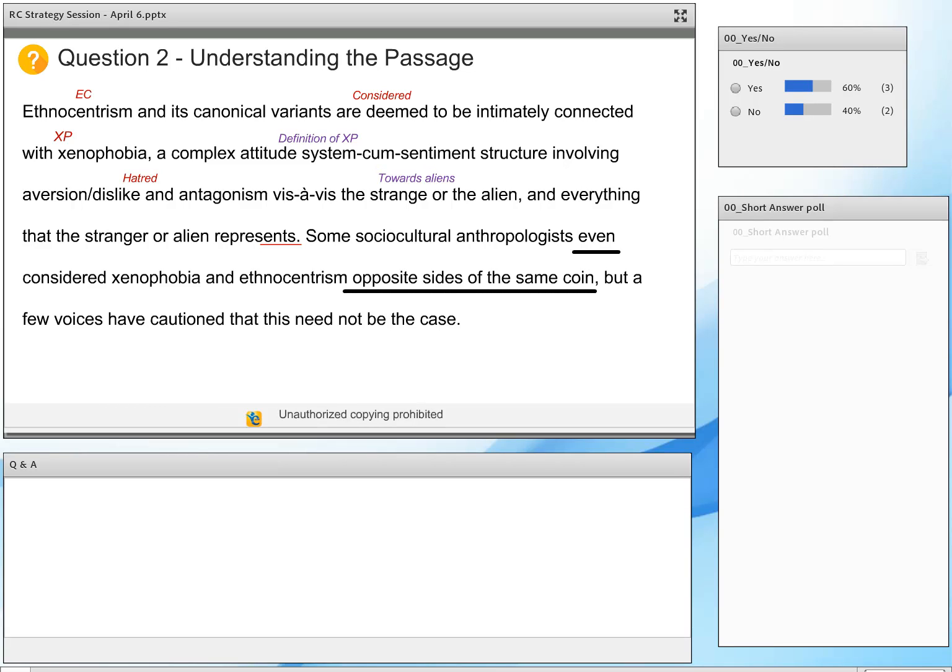And think about what the author has said earlier, that there are some people who think that EC and XP are closely connected. Now tell me, why has the author used the word even? I've given you quite a few hints here, right? But I want you to now draw linkages. So tell me, why has the author used the word even?